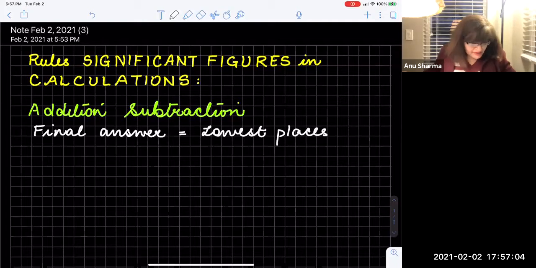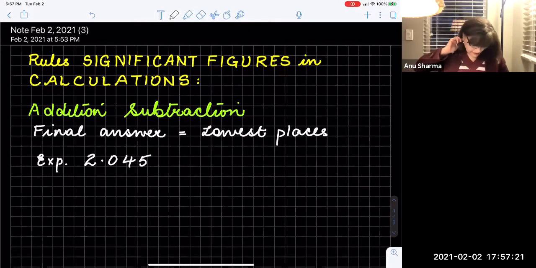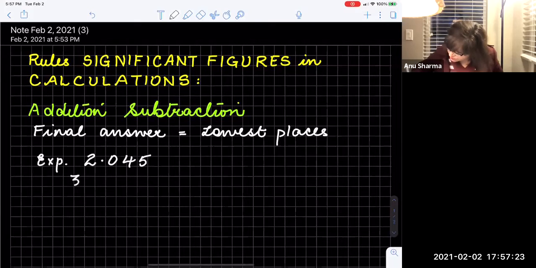You are given a problem which is adding. Okay, here, this is an example: 2.045. Okay, this is one number, and you're adding it to 34.1.